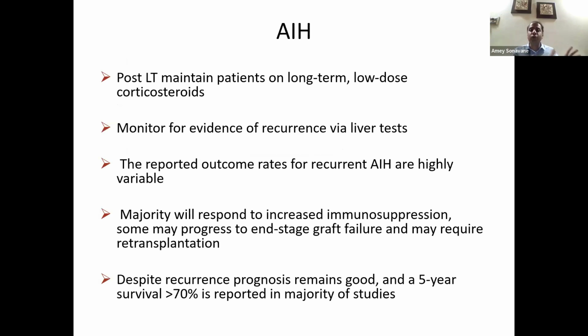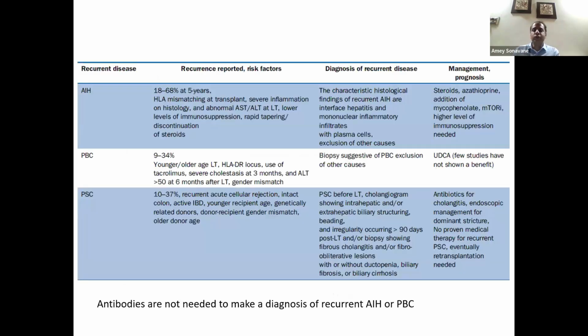And in patients who have autoimmune hepatitis and undergo liver transplantation, we maintain them on a very low dose of corticosteroids to prevent recurrence of autoimmune hepatitis. So if we just look at management protocols for autoimmune hepatitis: low-dose steroids, azathioprine, addition of mycophenolate, and increasing the levels of immunosuppressive drugs helps in preventing recurrence. For primary biliary cholangitis, it is UDCA, that is ursodeoxycholic acid. And for primary sclerosing cholangitis, it is antibiotics for cholangitis and treating the dominant stricture with an endoscopic intervention.